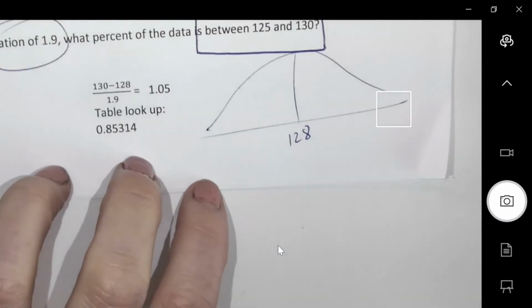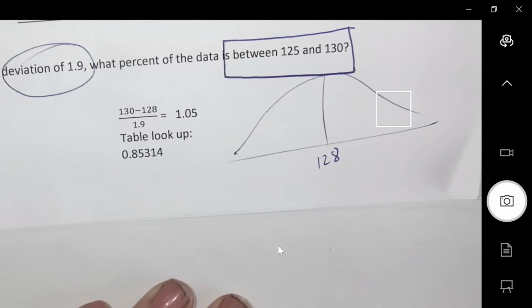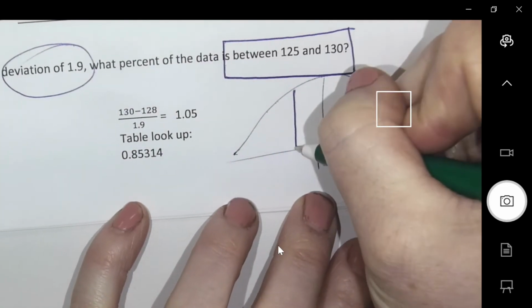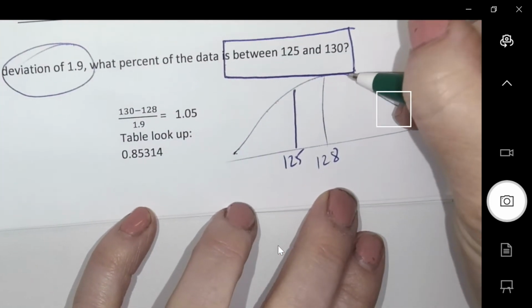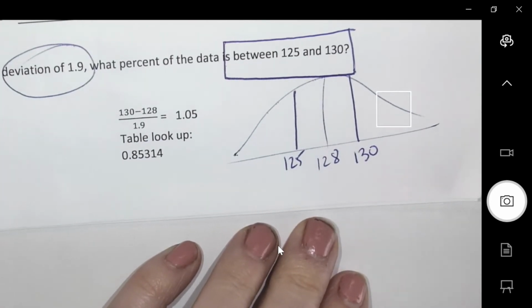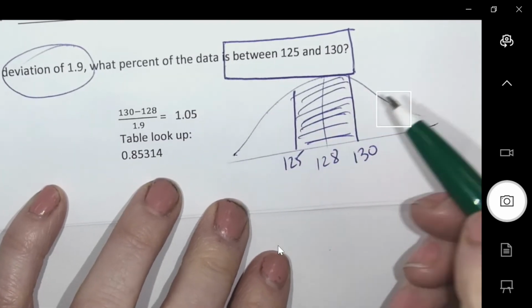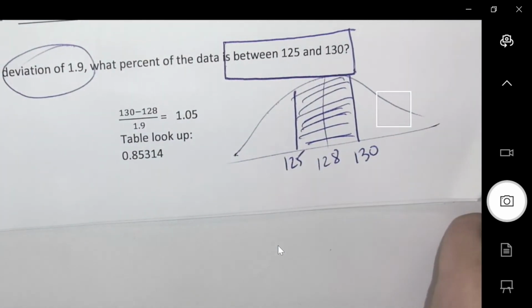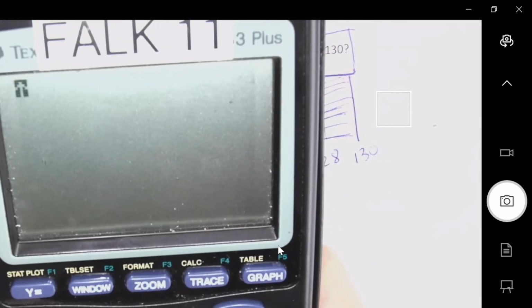Okay, so on a drawing scale, 128 is in the middle. 125 would be below it. 130 would be above it. And this is saying what data is between. Okay, so my calculator will do it for me.